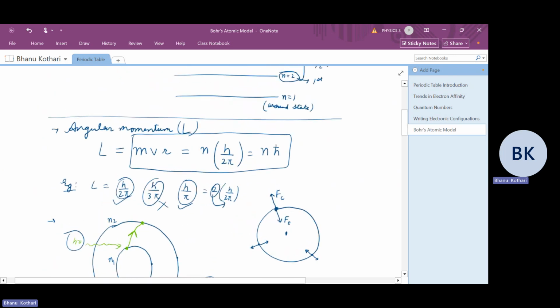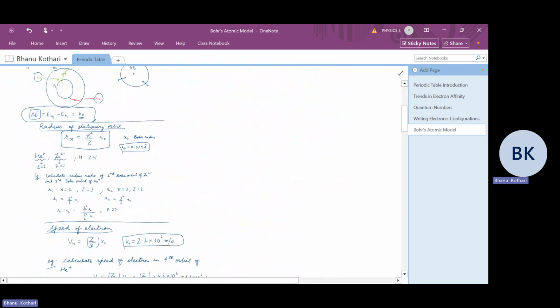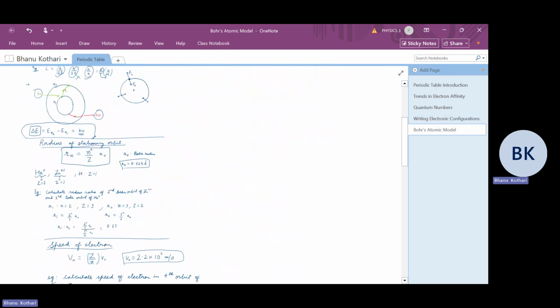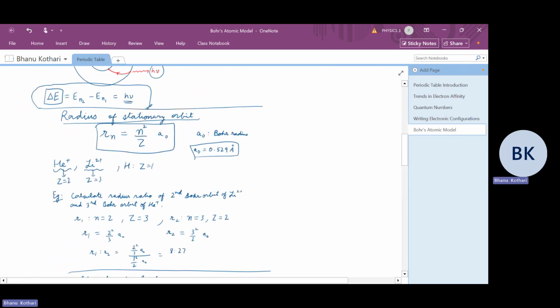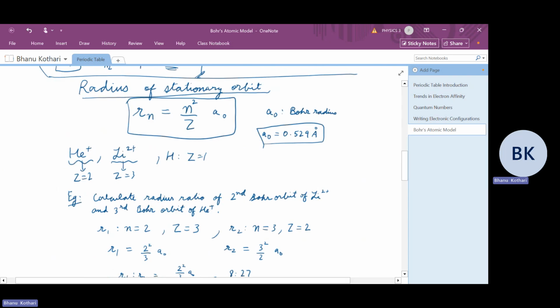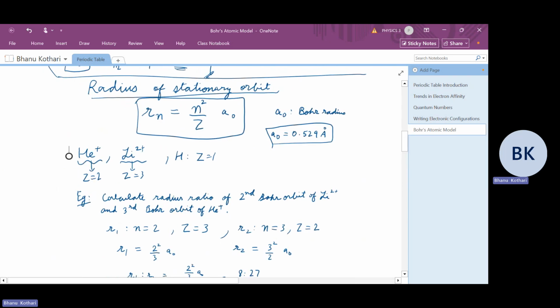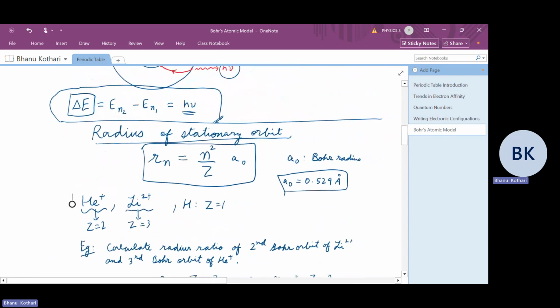The third drawback is that Bohr ignored the wave nature of the electron. Subsequently, in later experiments, it was found that matter also has some wave characteristics, particularly electrons inside atoms.